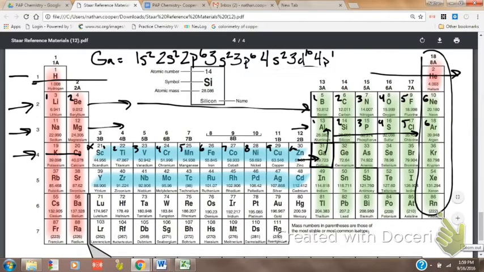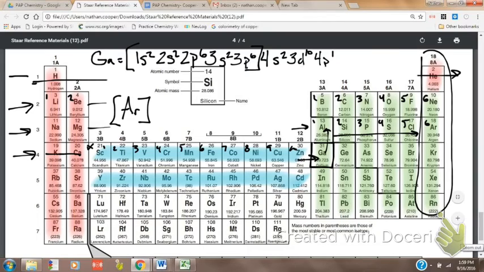I'm going to write its noble gas configuration, and I always start with the noble gas in the period above it, argon. Argon is 18 electrons. So gallium and argon are the same for these inner electrons.